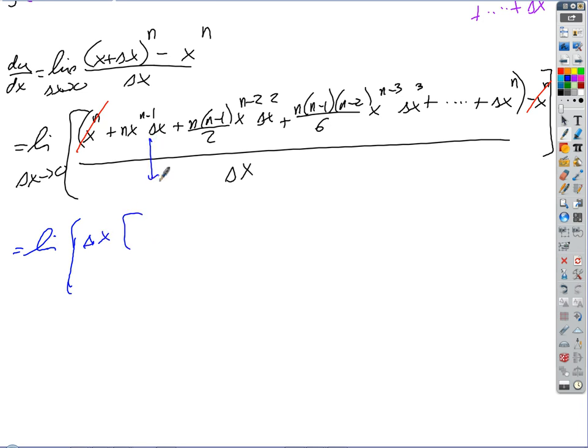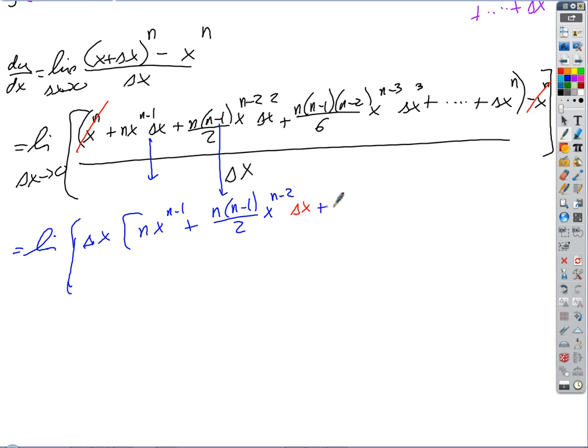What does that term give me? n minus 1. n times n minus 1 over 2, x to the n minus 2, delta x.